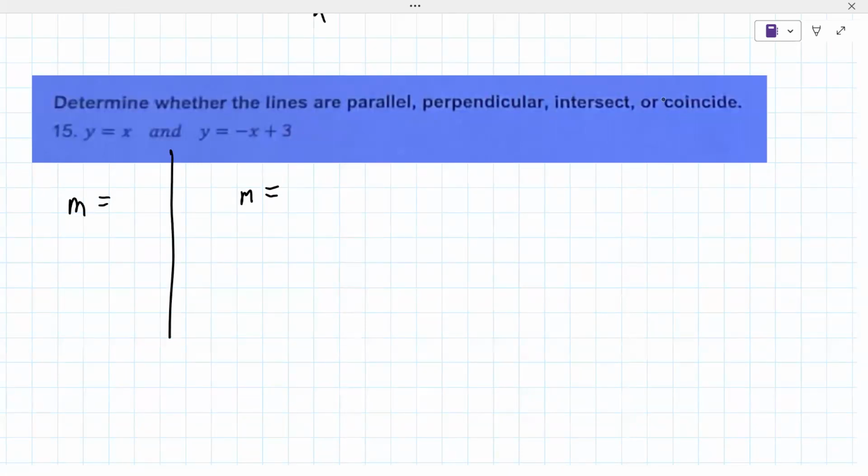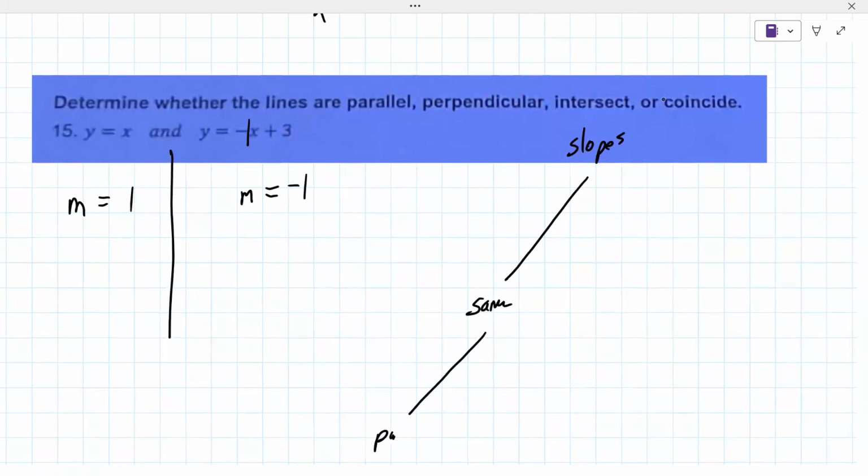For the second one, it's negative 1. Okay, yeah. I like that. But the first one's kind of the same idea. Yeah, I guess just 1. Good. Okay, so here are the possibilities when you have the slope. If they are the same, here are the two possibilities.